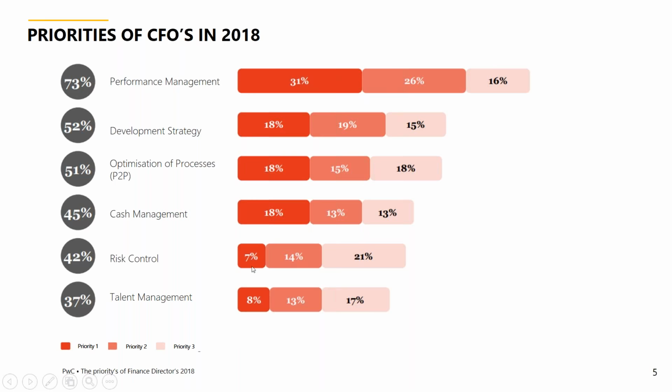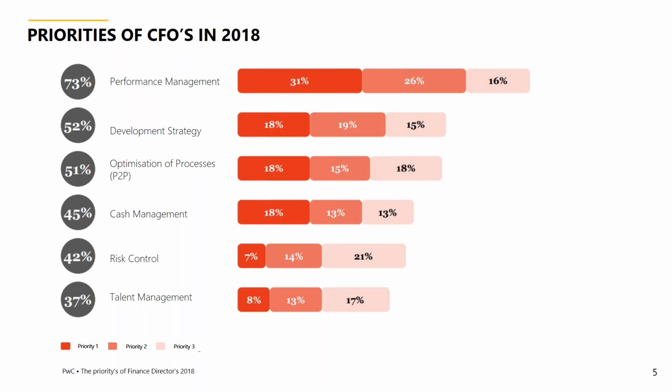So the first box you'll see on the left-hand side of the screen under Performance Management is 31%, Priority 2, 26%, and then Priority 3, or least important, given what they were asked to respond to, is 16%. So we can look at some of these and go, well, based on that, performance management is the largest priority for CFOs, senior management, the board in organizations.